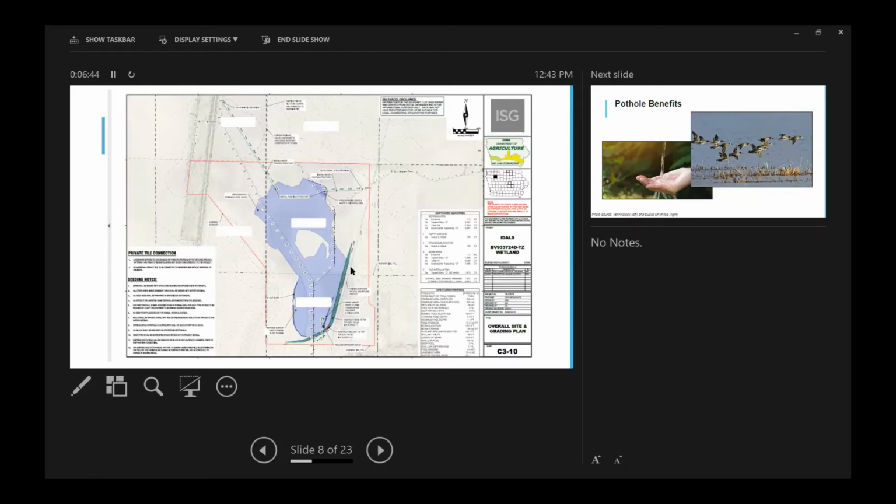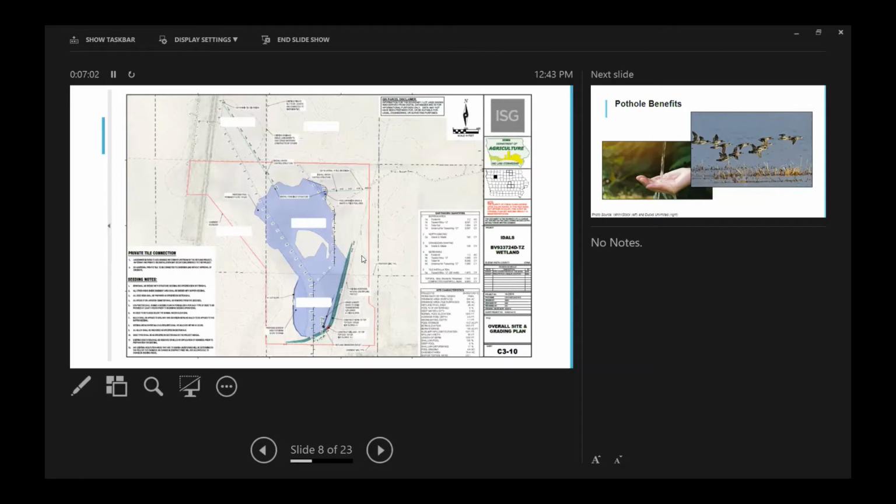There is a berm shown on here because we have an existing gas line that comes through. But one of the really nice things about these types of wetlands is that it is natural topography.